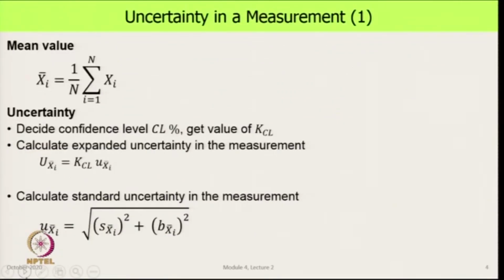How do we calculate the mean value? This is nothing but the arithmetic mean of all the observations. So, this x_i is all observations of the variable x_i, and like this we have so many more observations for each variable. N is the number of observations.